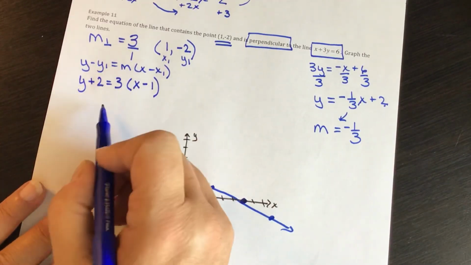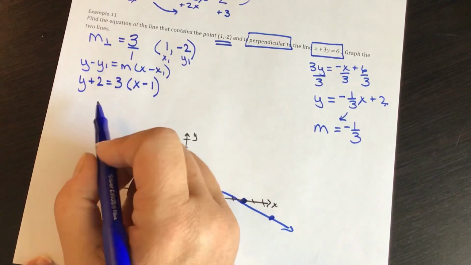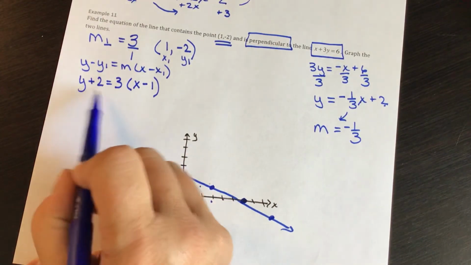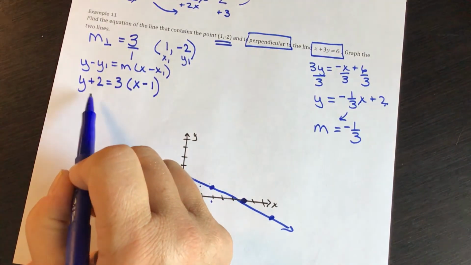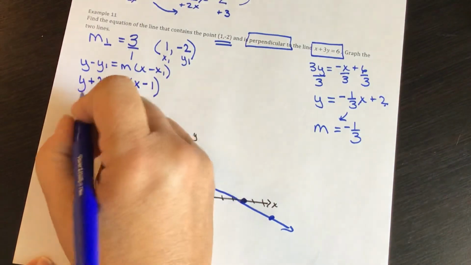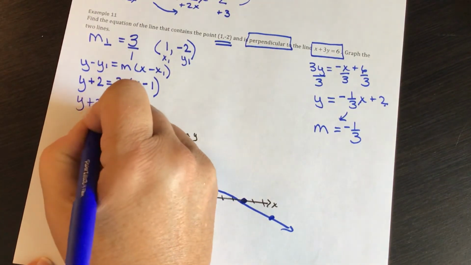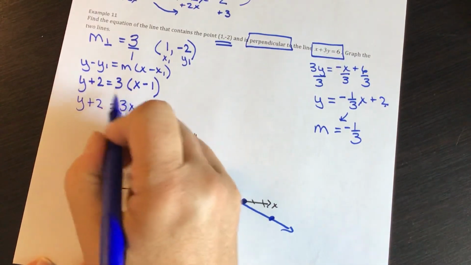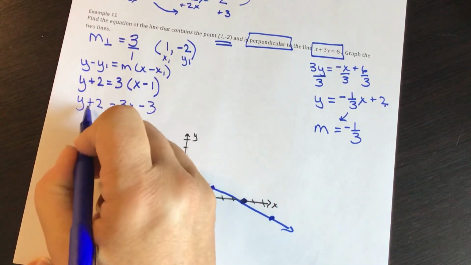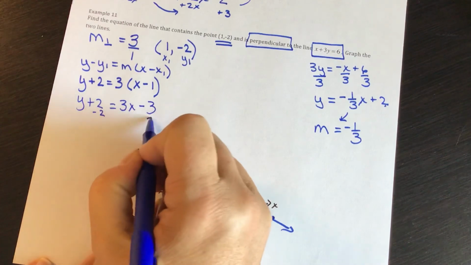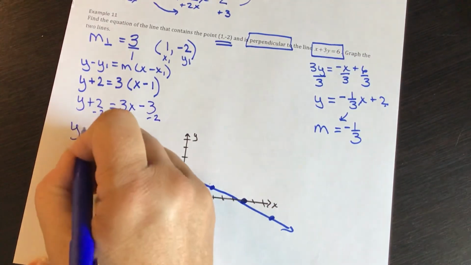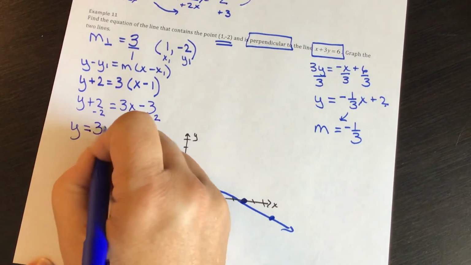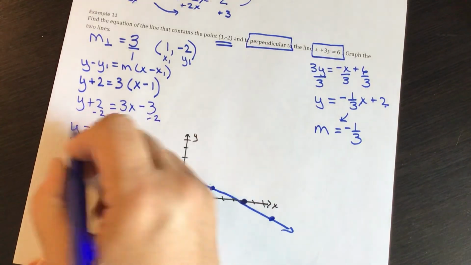Now I'm going to simplify this, and because I'm going to graph the line, let's just put this in slope-intercept form, so solve for y. So I'll have y plus 2 equals 3x minus 3 by distributing. Then I'm going to subtract 2 on both sides, and y would equal 3x minus 5.